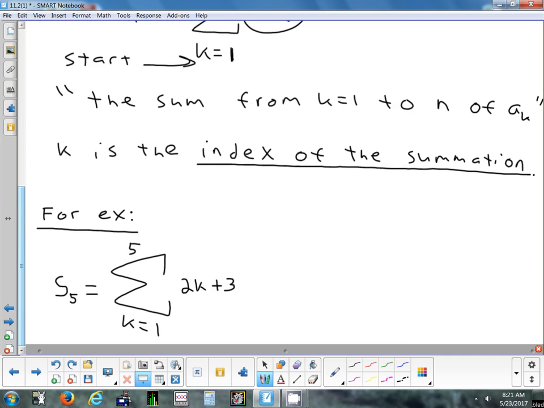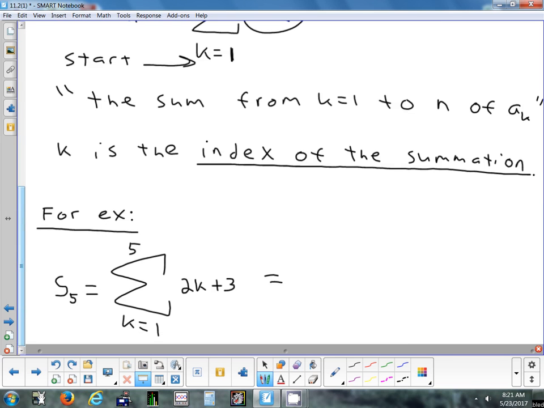Okay, so here's an example. This one is having you add up the first 5 terms in the sequence 2k plus 3. Okay, so let's just do this out. We'll expand it. Start with k equals 1, plug it in, and write the answer down. If you plug in 1 for k, that's S sub 5.